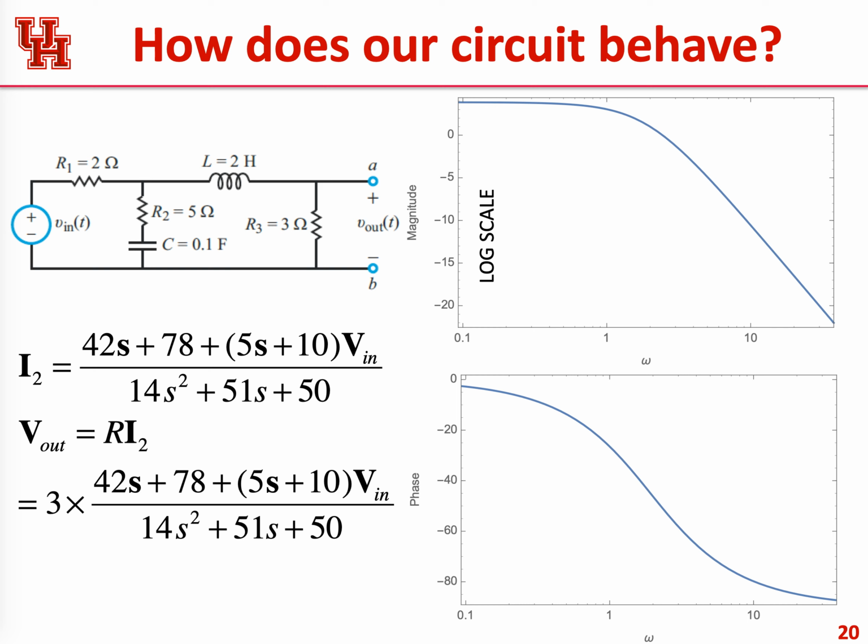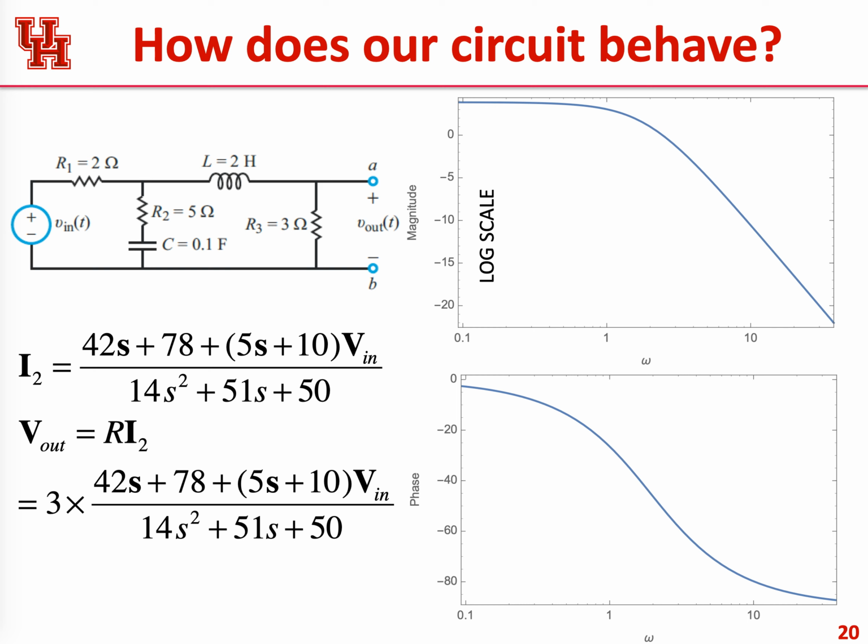So this is going to become 3 times 42 divided by 14, over s. Now s is in the denominator, so as s tends to infinity, this whole thing will start to tend towards 0.